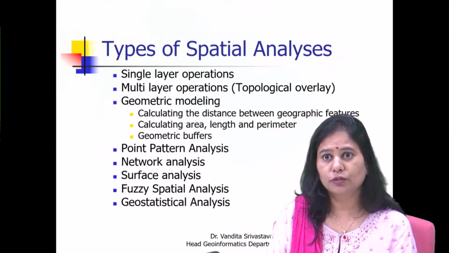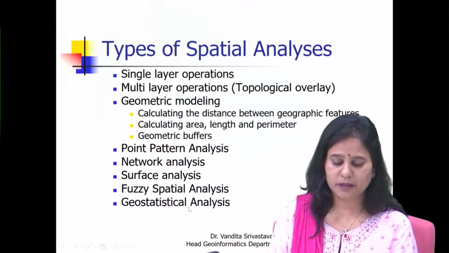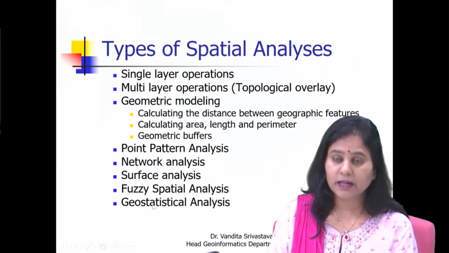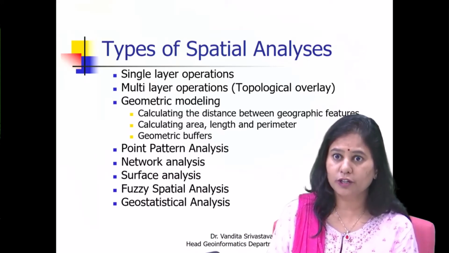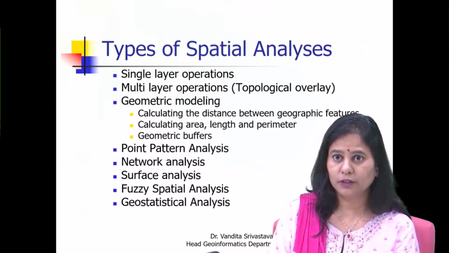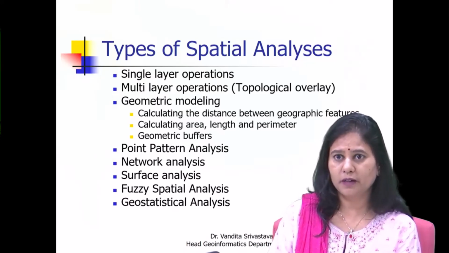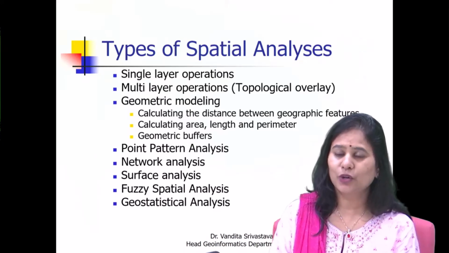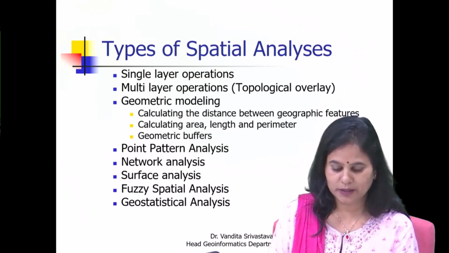I'll maybe talk about this in detail in the later part, but this is the basics: it is based upon the theory of regionalized variables and the concept of autocorrelation of a variable with distance. So a variable is related to itself in space with its distance. Things that are farther apart are different from things that are closer together, and things that are closer together will be similar. That is, in a nutshell, what you can understand.